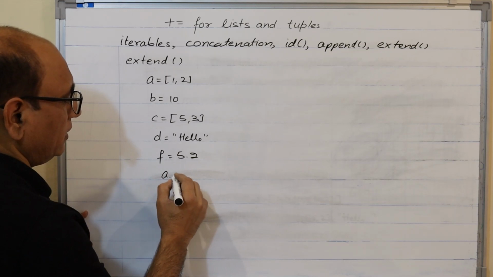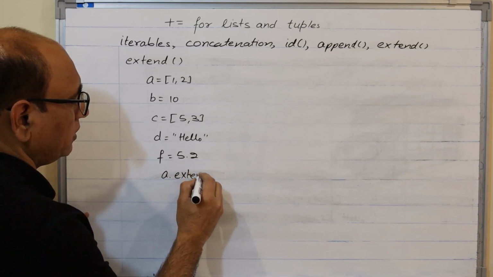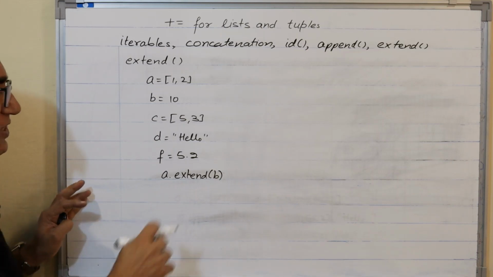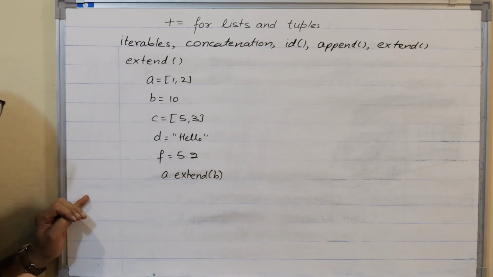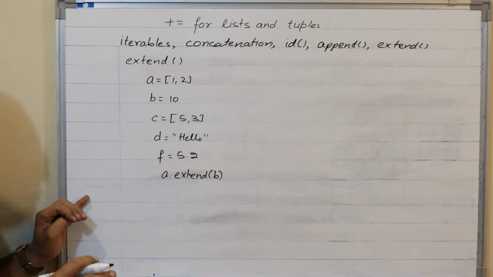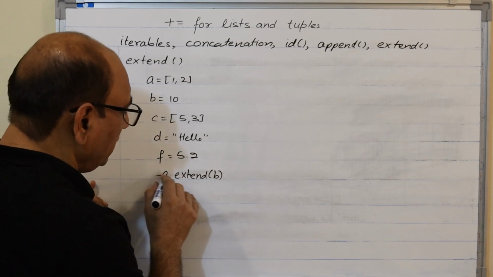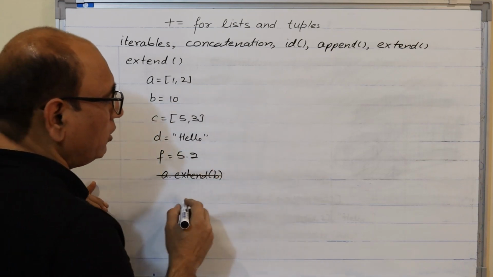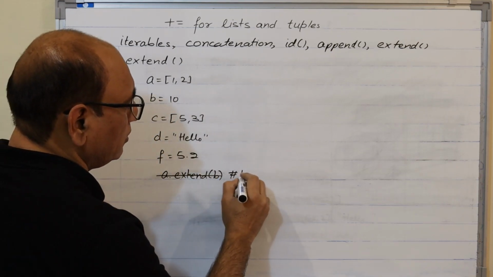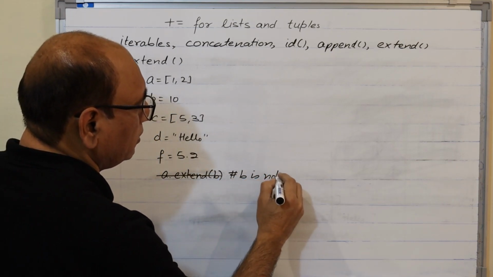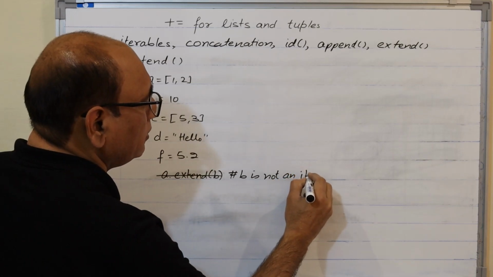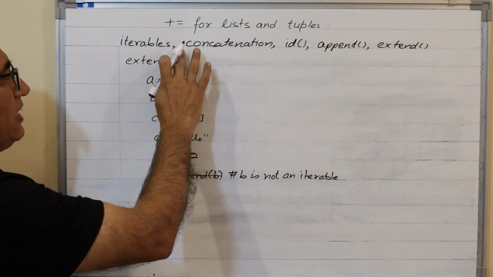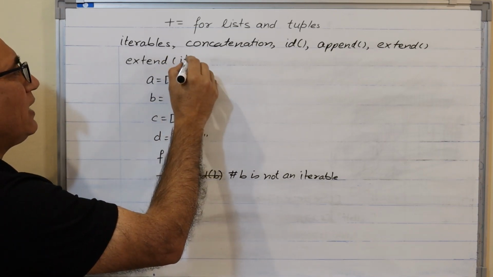Now if I say A dot extend B, I will get an error because extend takes only an iterable as a parameter, it cannot take any other value. This will give me an error because B, that is an integer 10, is not an iterable. So extend takes only an iterable as a parameter.